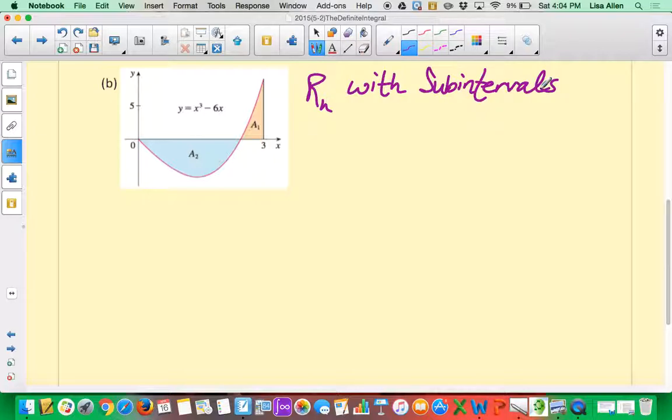So we're going to start out: delta x is equal to, we have our a and we have our b, 3 minus 0 over n. So delta x is 3 over n.